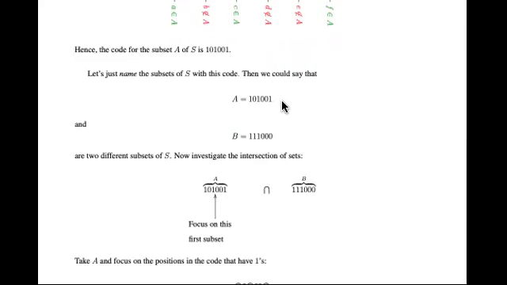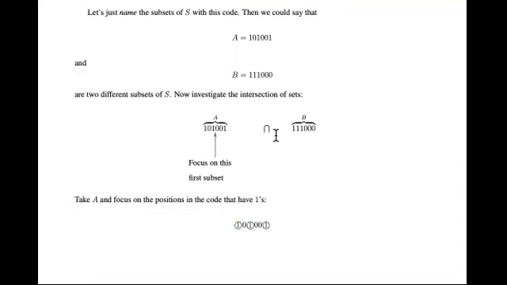And we can get all the different elements of the power set, or all the different subsets, just by looking at different strings of zeros and ones. So for instance, you could take a set A and a set B. Those are two different subsets of S, but now let's think about how we can apply these operations of intersection and union. Let's do an intersection.